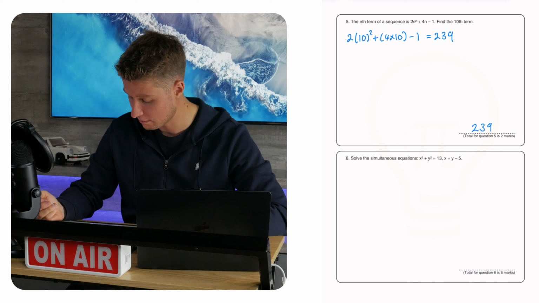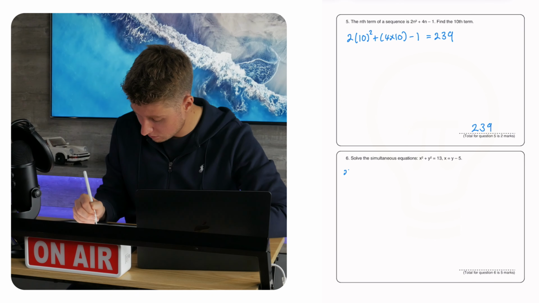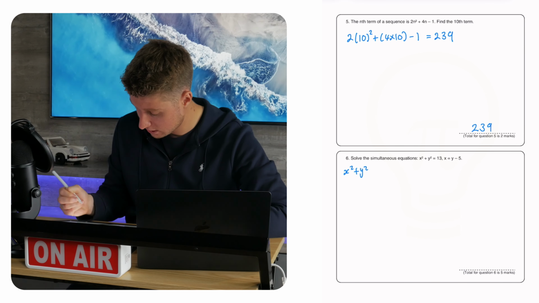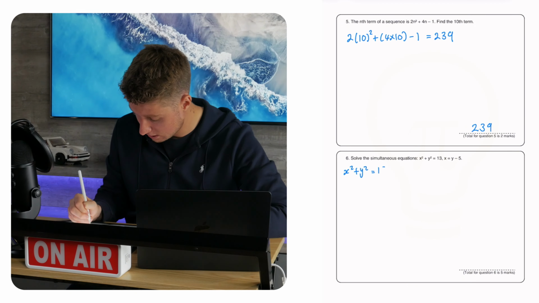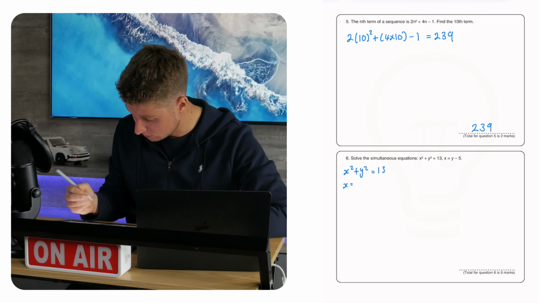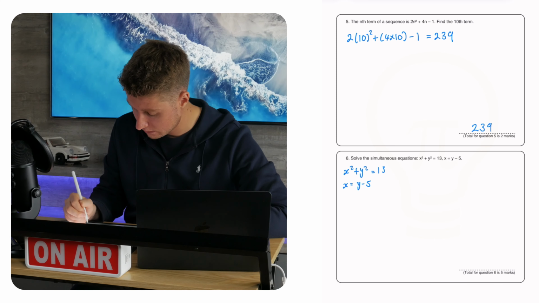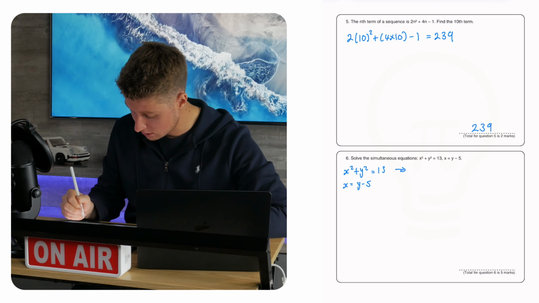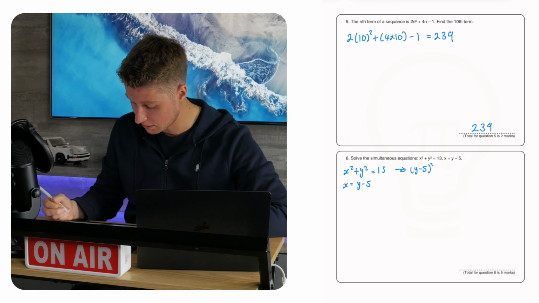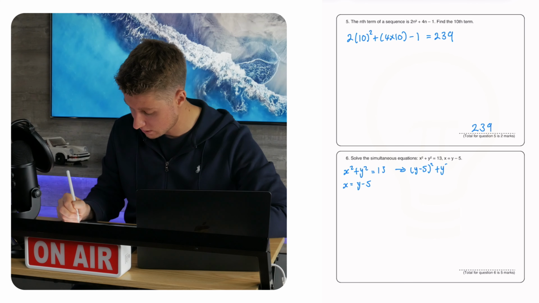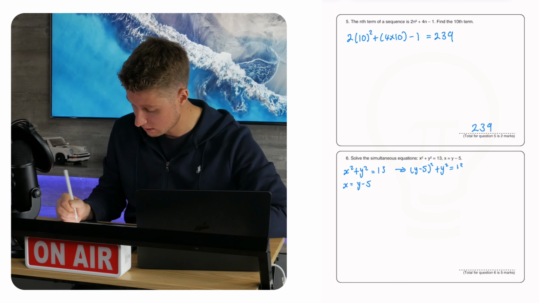equal to y minus 5. So you've got x squared plus y squared equals 13, and we're told that x is equal to y minus 5. So what we need to do is substitute in y minus 5 for wherever we see x. So x squared is going to be y minus 5 squared, because x is equal to y minus 5, plus y squared equals 13.